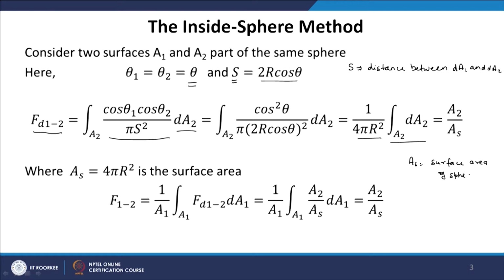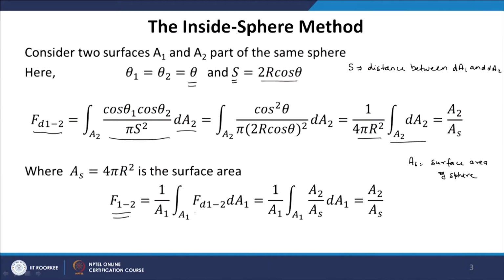So, this will be equal to 4 pi r square. Now, the total view factor from surface A1 to A2, F12, requires us to integrate over surface area A1.